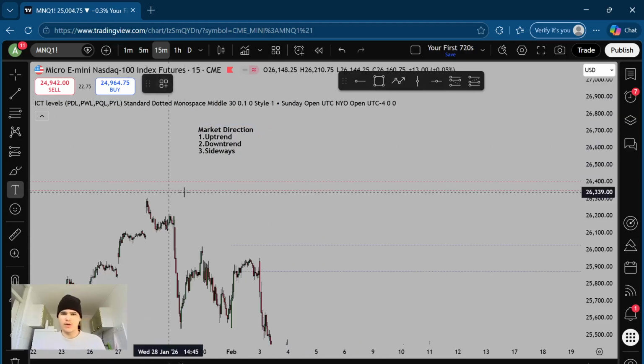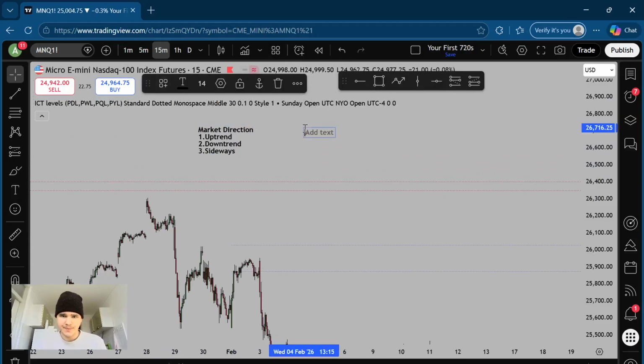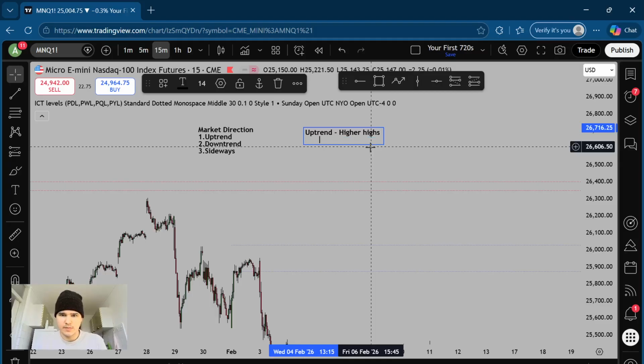All right, now what makes up a trend? Right, so an uptrend is made up of higher highs and higher lows.